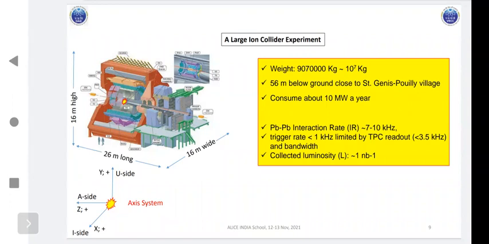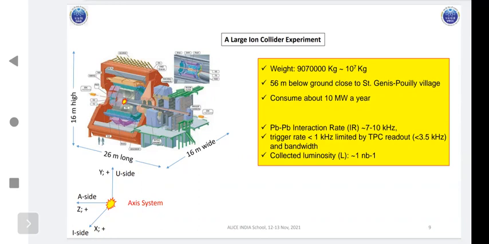When you have some system and want to describe it, it is necessary to have a coordinate system, and ALICE also has one. What is this axis system? Just look at this particle source, yellow with a red star-like boundary.